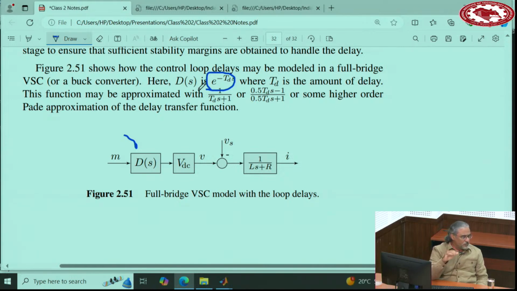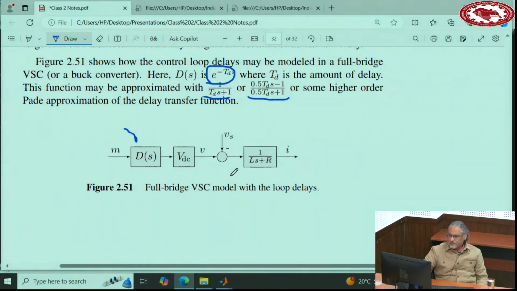But we can do it, no problem. If you are an expert in control, you can do it. And like I said, we will do at least a simplified version, where you approximate that function with this function or this function. These are first order approximations of the delay. And then if you approximate it, it will not be very difficult to work with it.